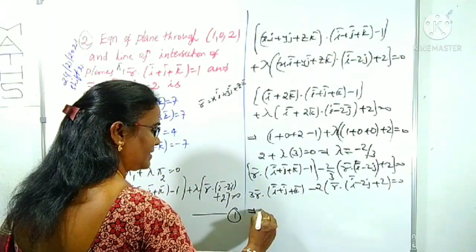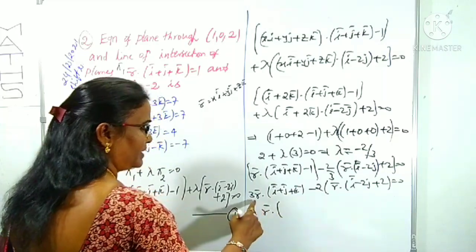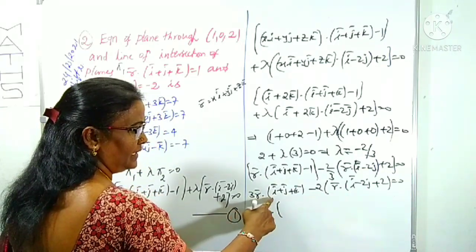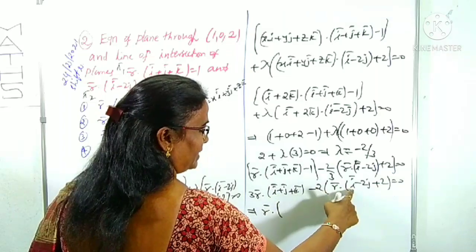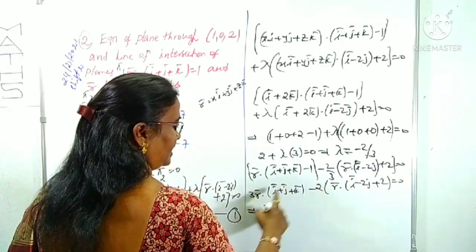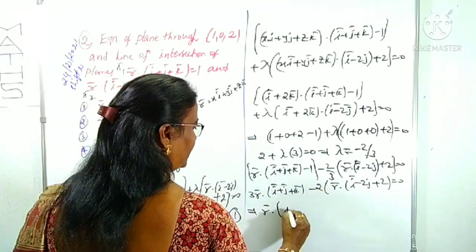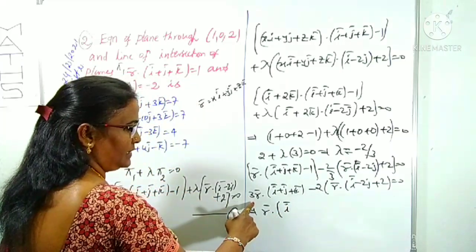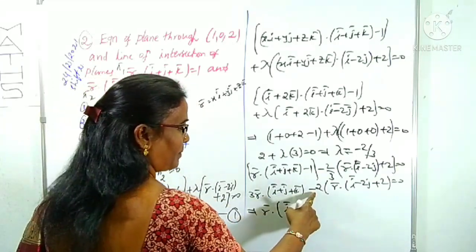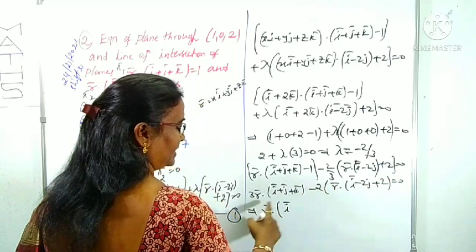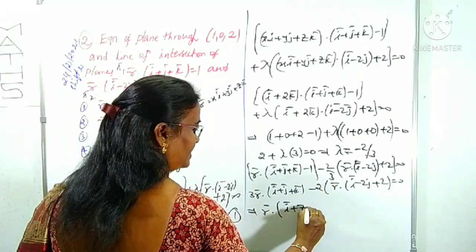Now from these two, we can take R dot common. So what happened here? 3 into i is 3i, minus 2 into i is minus 2i. 3i minus 2i is i, right? Next j: 3 into j is 3j, minus minus 2 into 2j is plus 4j. 3 plus 4 is 7j, right?